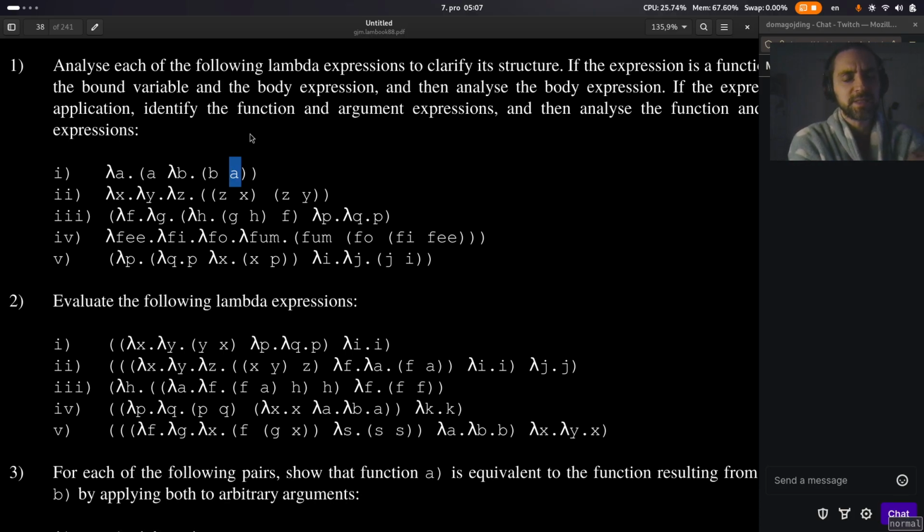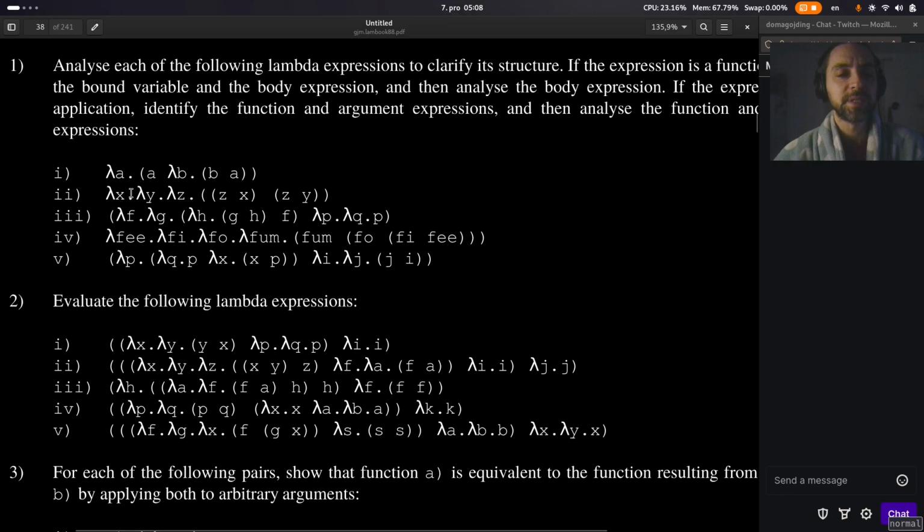I don't think this is, yeah, it depends, right? That's what we were saying about the namings. This a is free, actually. So we have a lambda b dot ba. Right? Lambda a dot a, lambda b dot ba.